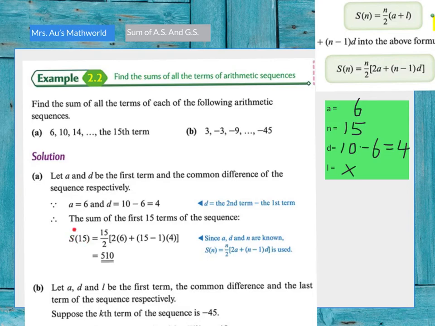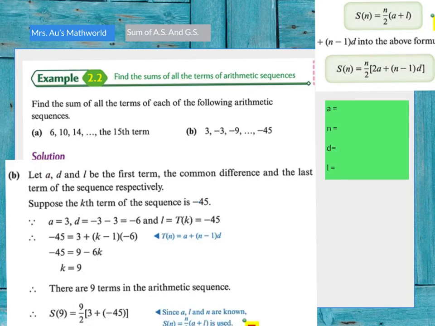That means you put n equals 15 by using the second formula. Equals 15 divided by 2 times 2a, remember it is 2a plus n minus 1, 15 minus 1 times d. So you can make it in a very easy way. In the first few times, please draw a table like this to help you to understand as a kind of workings.